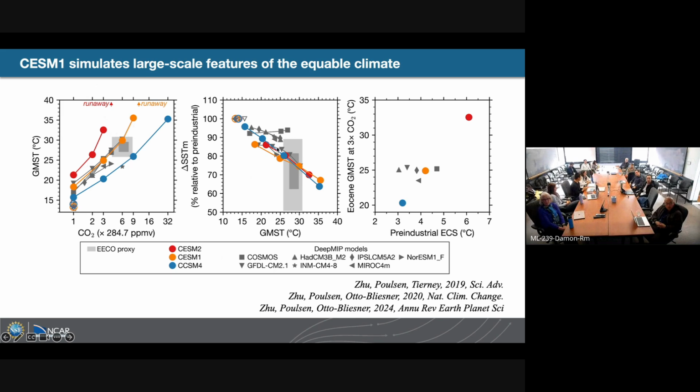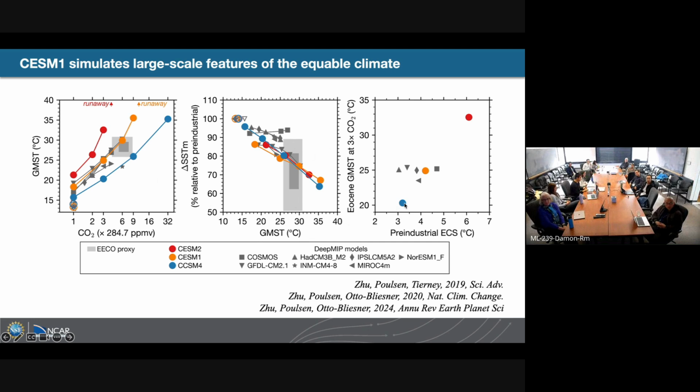And also the middle plot shows the temperature gradient. Again, the proxy data suggests a 30% reduction, and the models can capture this magnitude of reduction in large-scale temperature gradient as long as you can simulate this amount of global warming. And to really illustrate the use of the early Eocene constraint, we can look at the model climate sensitivity. That's the x-axis here.